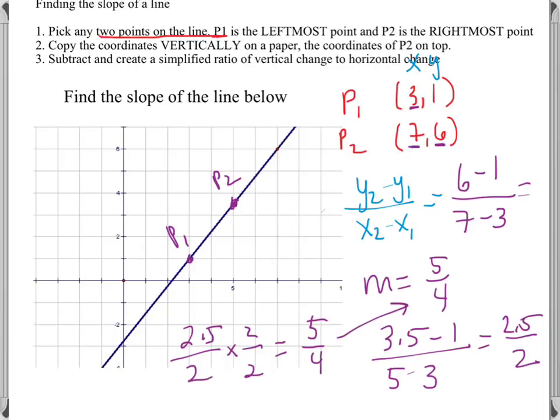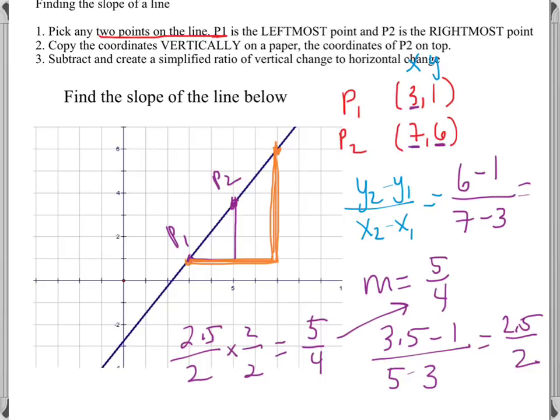So the moral of the story is it doesn't matter which 2 points you choose. For the second calculation, I chose those 2 points. For the first calculation, I chose these 2 points right here. It doesn't matter what the 2 points I choose are. If you look at these two triangles, they are actually similar triangles.